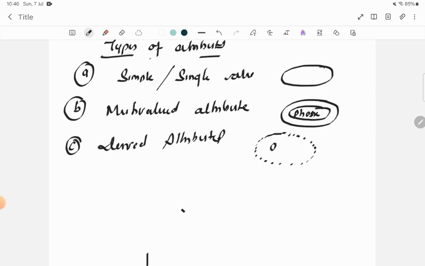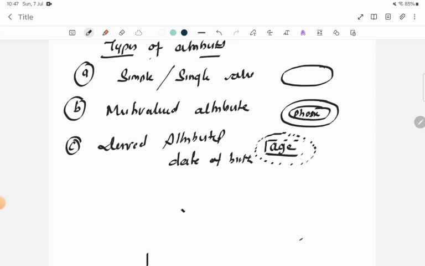Age can be an example of a derived attribute. A derived attribute is one whose value is dynamic, and it can be derived from another attribute. The age of a person changes year to year, and this can be derived from the date of birth attribute. So this is called a derived attribute.